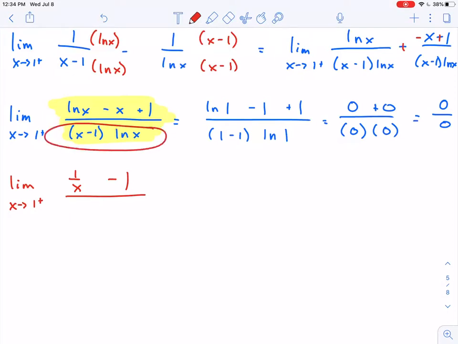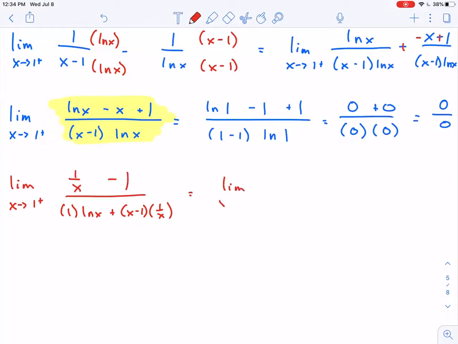When we take the derivative of our denominator here, I have x minus 1 times natural log of x. I do have to use my product rule here. So the derivative of x minus 1 is simply 1, times natural log of x, plus x minus 1 times the derivative of natural log of x, that's 1 over x. I'm going to clean this up just a little bit here.